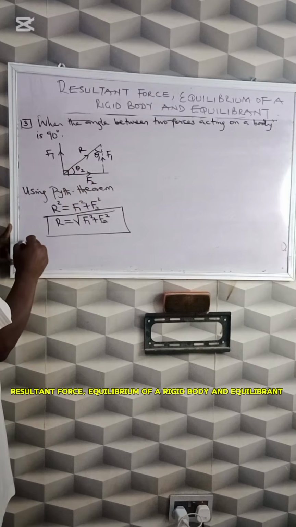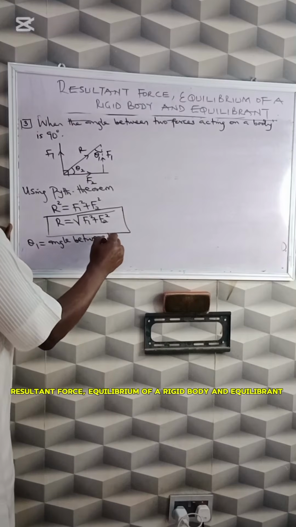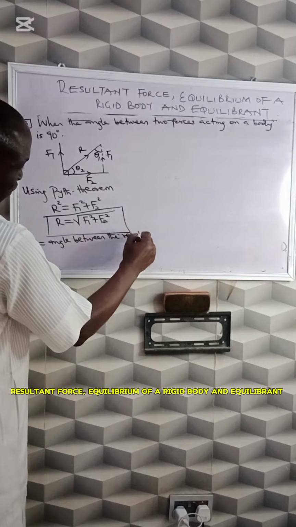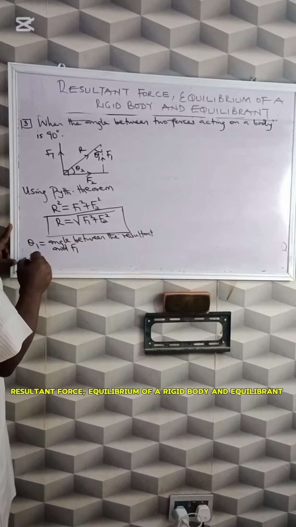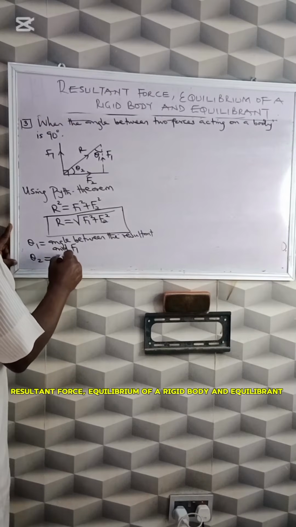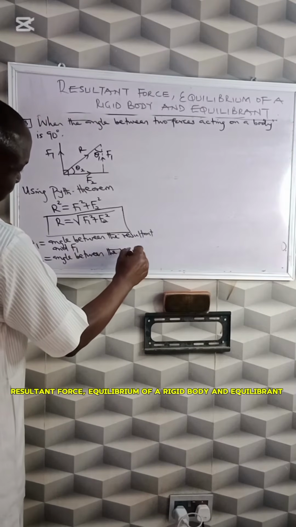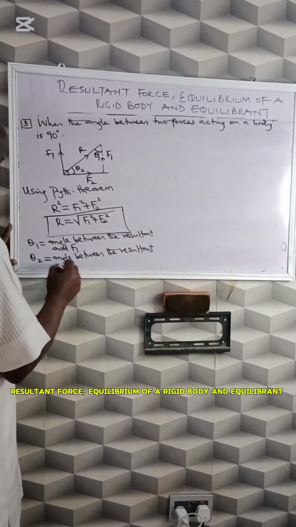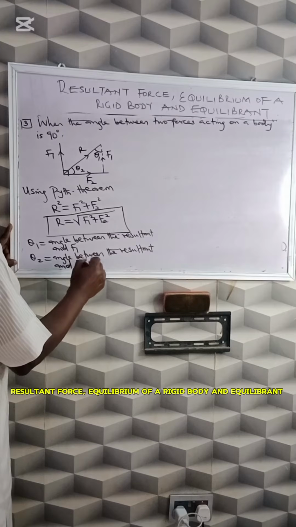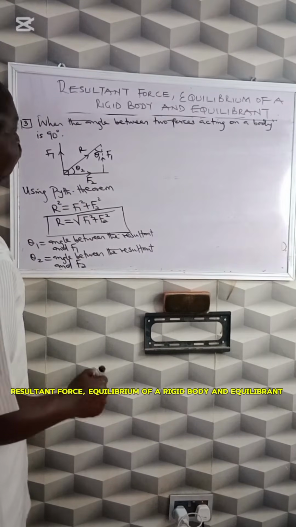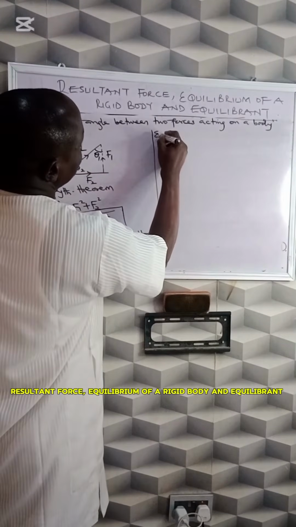So theta 1 is the angle between the resultant and F1, while theta 2 is the angle between the resultant and F2. So that's the formula. So we can proceed to have example 1.